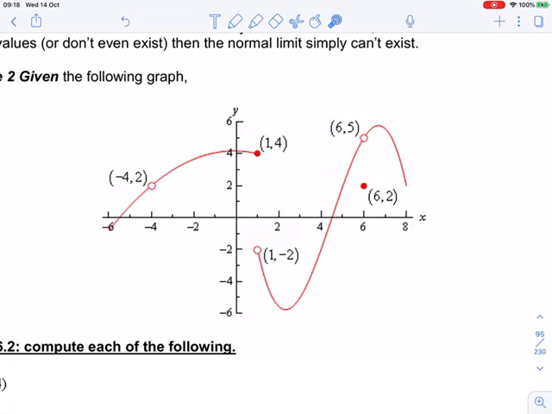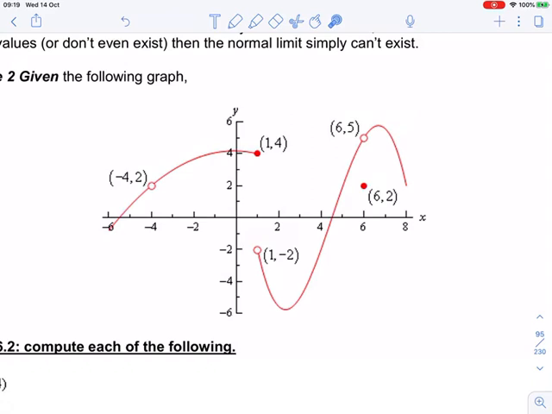If we approach -4 from the right side on the graph, we will see that our y will also approach 2, meaning the right side limit will be 2. So now we can say that the limit at negative 4 is 2. So the limit exists and it will be 2.